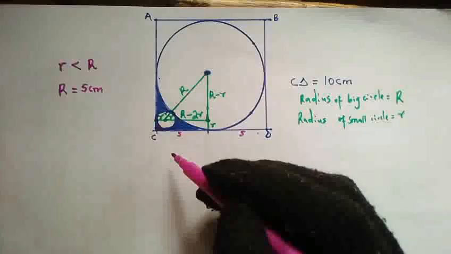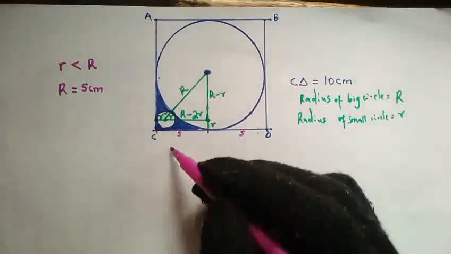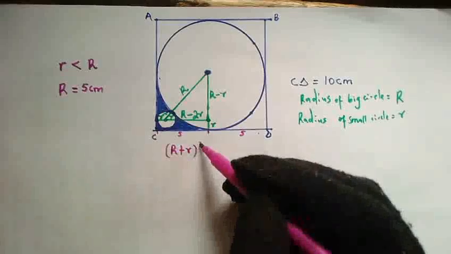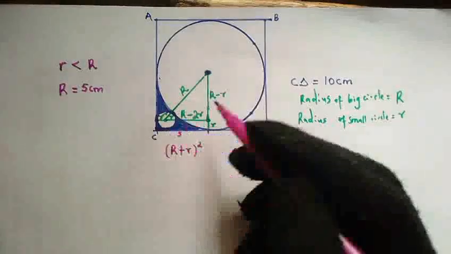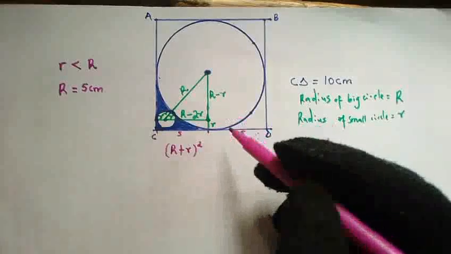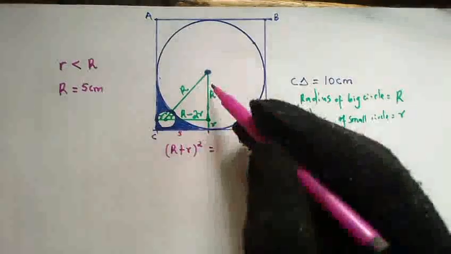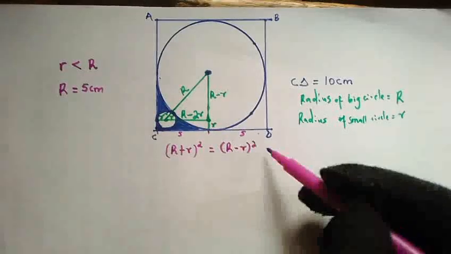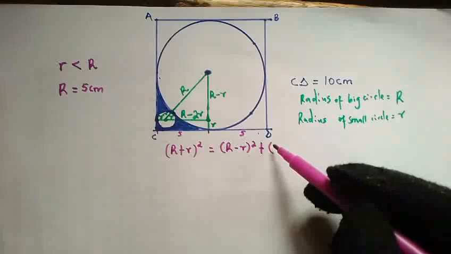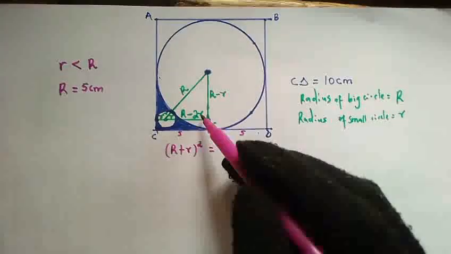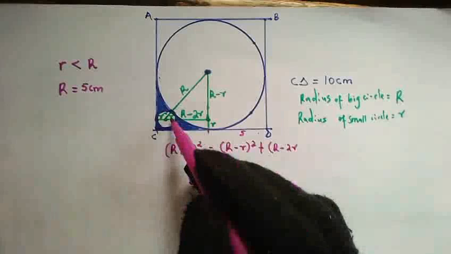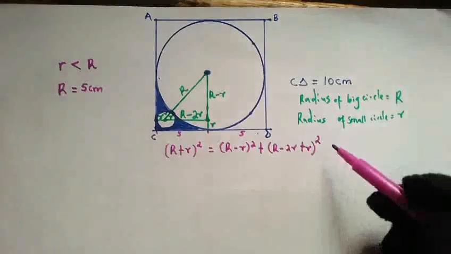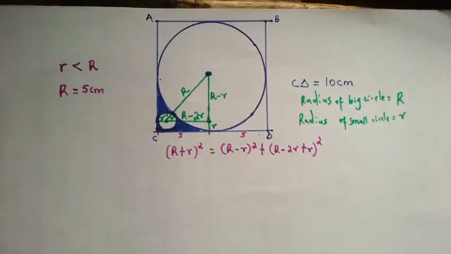So now we have the big radius plus the small radius, squared, because of this triangle we have here, is equal to the big radius minus the small radius, squared, plus the big radius minus 2 times the small radius, plus this radius here, squared. So this is what we have.